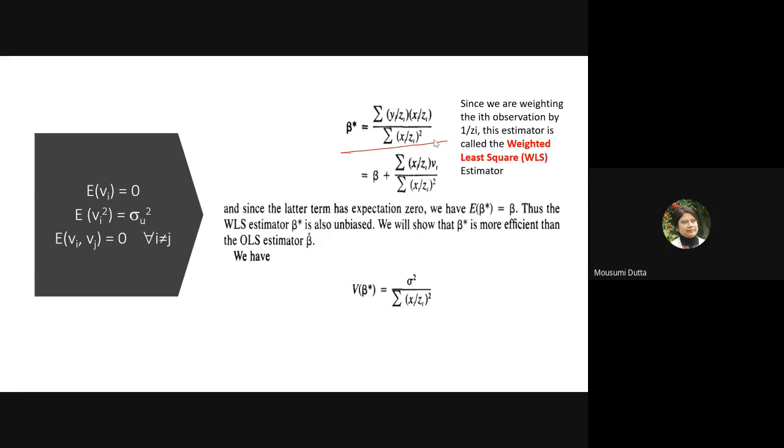Now before coming to the formula, please look at the assumptions on the error terms too. My regression is now transformed, and this ui by zi is considered as vi.